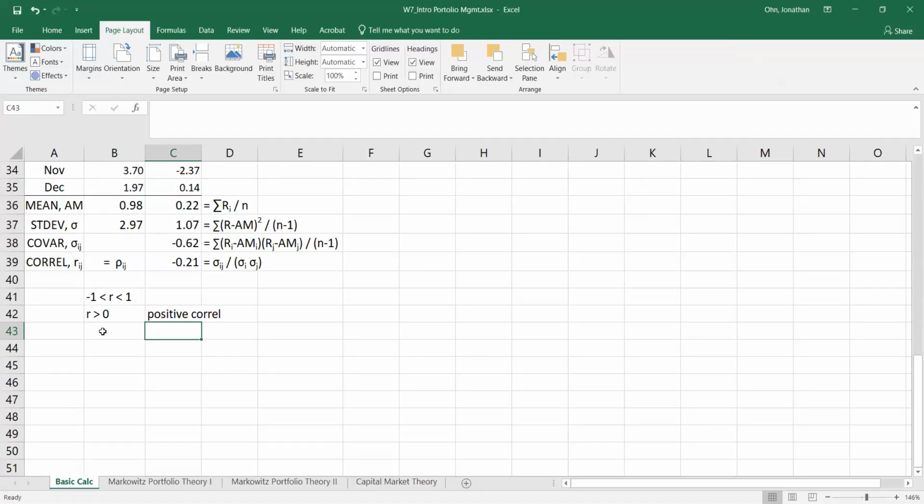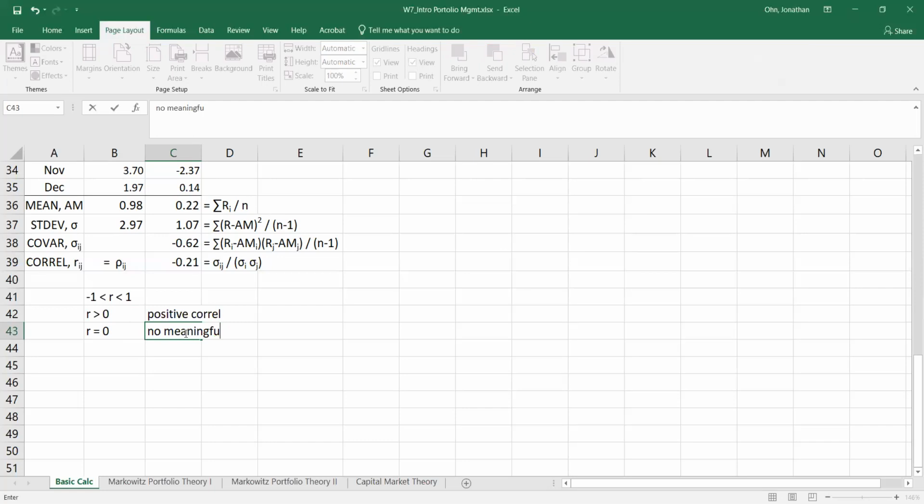If R is equal to 0, or close to 0, that is zero correlation. That means there's no meaningful relationship between these two. Their moving patterns are not associated or related.